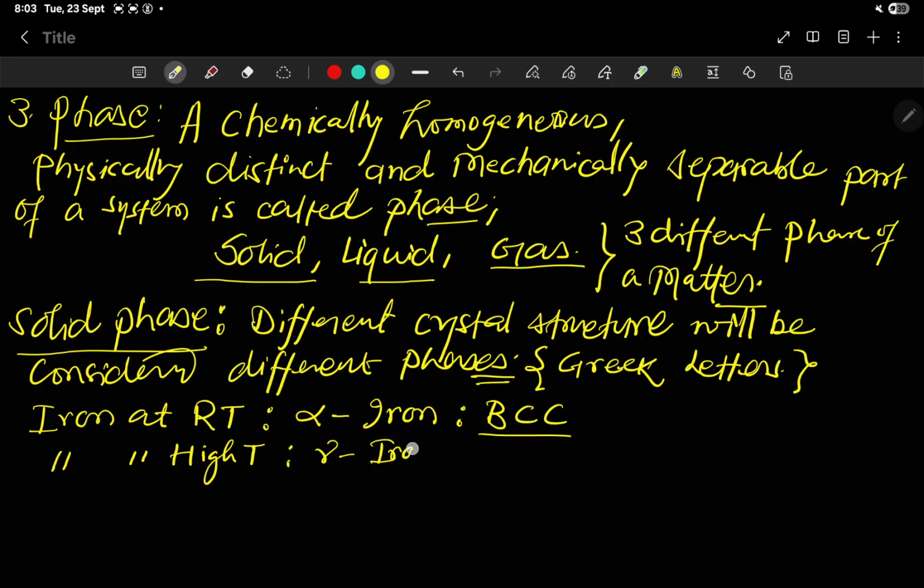Gamma iron, and it is converted to FCC. So this is BCC crystal structure, and this is FCC crystal structure. Both forms are pure iron.